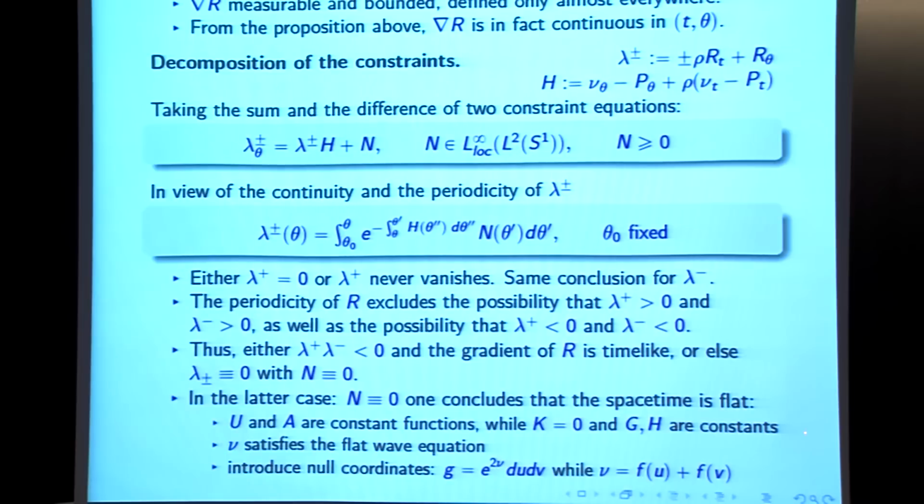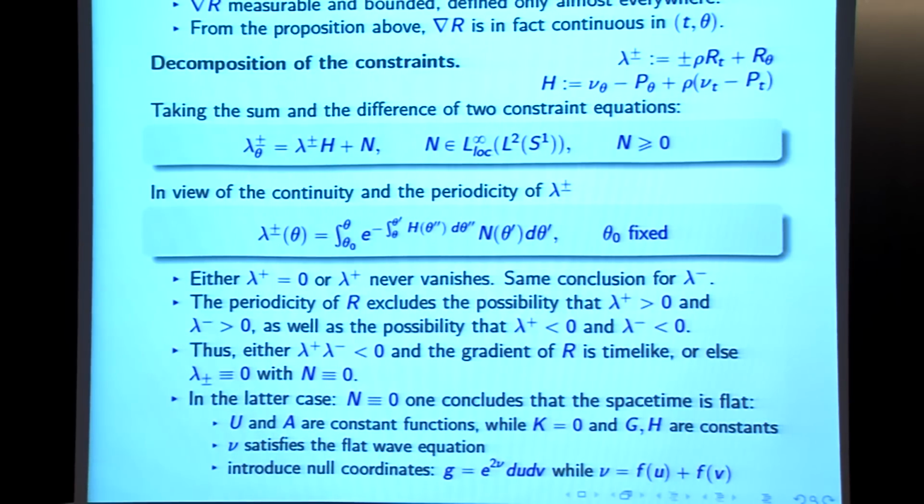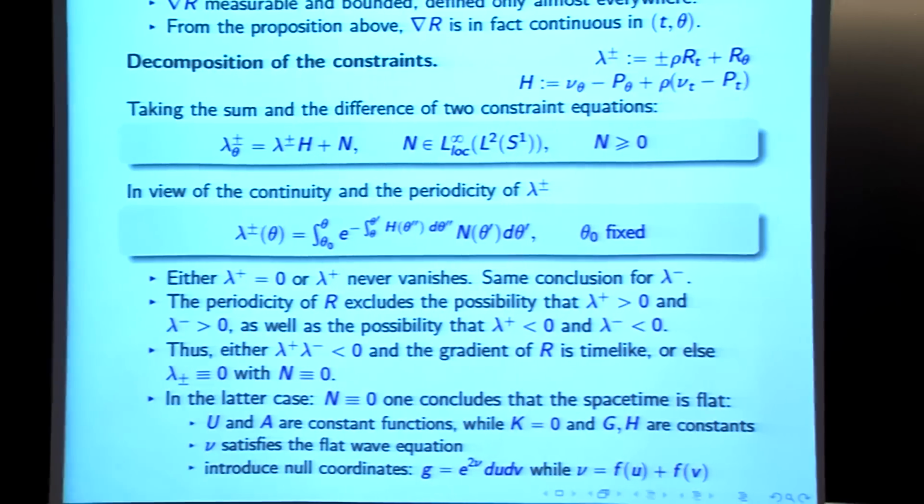And these G, H are constant, but they are irrelevant. And you are left with only one coefficient nu, and there is a final argument to go from a trivial flat wave equation for nu. You solve it, so nu is a sum of a function of u plus a function of v, where u, v are null coordinates. You put it here, and you realize that you just have the flat metric left.